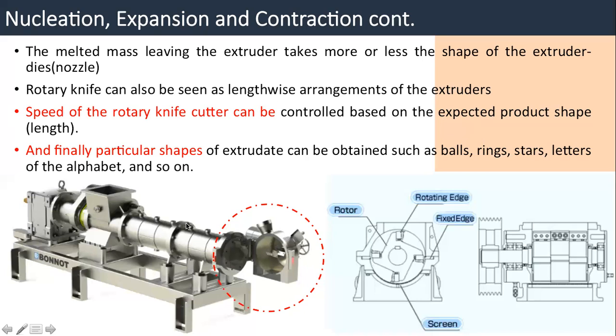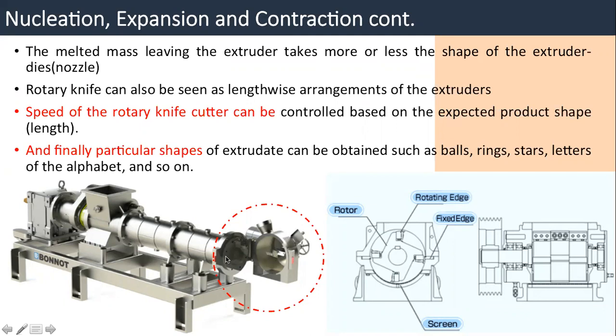Speed of the rotary knife cutter can be controlled based on the expected product shape. It might be pasta, noodles or spaghetti. So the textures are different, sizes, lengths, everything are different. So you can get the same product through this hole or die, then alter the rotation speed, RPM.